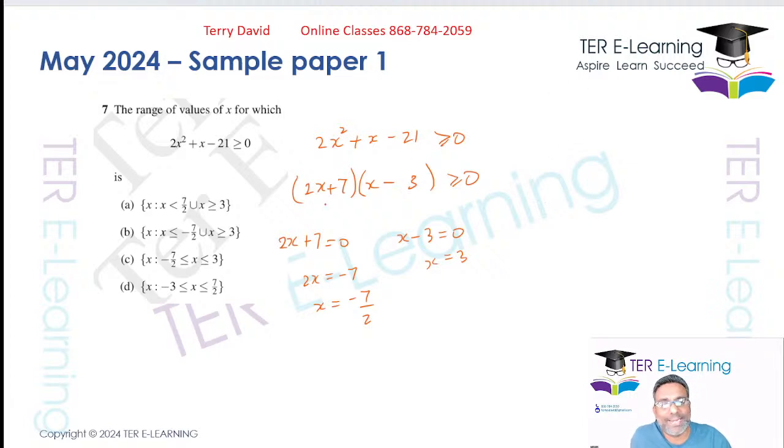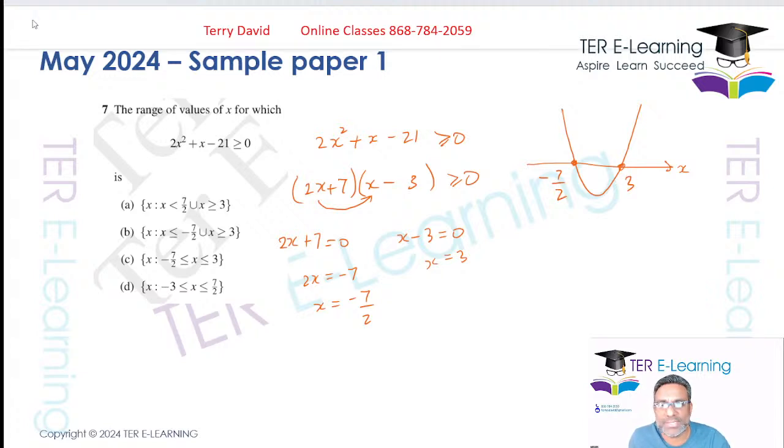To get the quadratic, you would have had to multiply this by this. So that tells me that the quadratic looks like this. It has a minimum point. Next step in the process, you're going to draw your x-axis inside here, and then put what these values are, based on what we just calculated. So this is going to be negative 7 over 2, and this here is going to be 3.